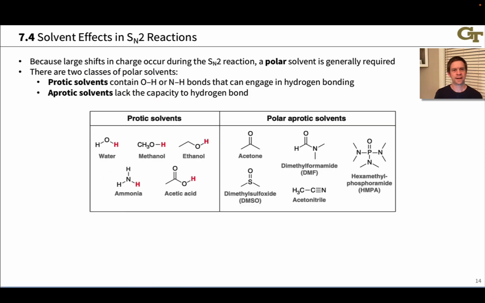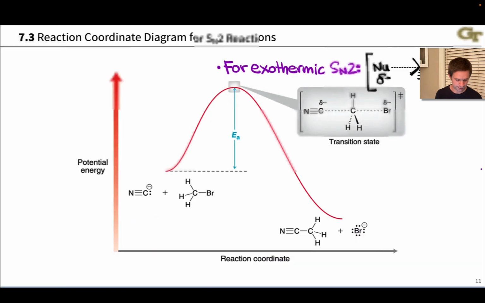In the SN2 reaction, there are large shifts in the position of charge, and we typically make use, in many cases, of ionic reagents. For example, we might use an ionic nucleophile like sodium cyanide or something like this, right?